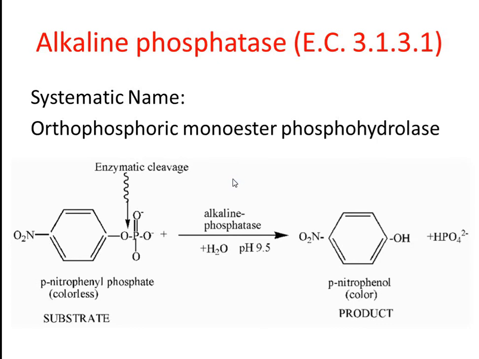Alkaline phosphatases are relatively non-specific and act on a variety of substrates at alkaline pH. So this enzyme converts the organic phosphate p-nitrophenyl phosphate, which is a colorless compound, to the inorganic phosphate and p-nitrophenol, which is a colored product. So this enzyme is used in many assay processes.